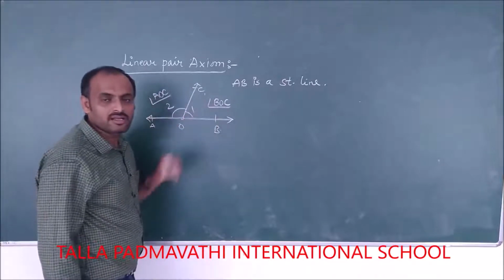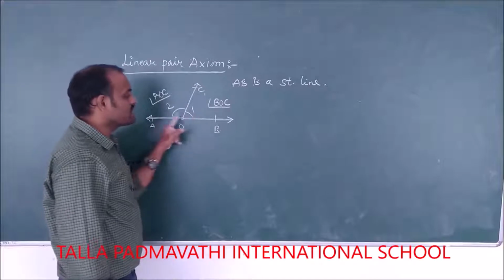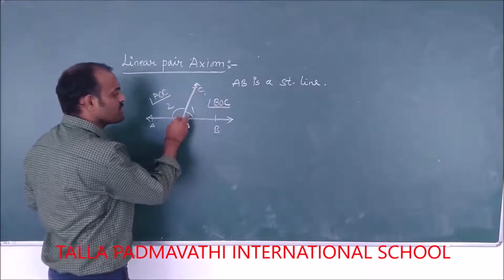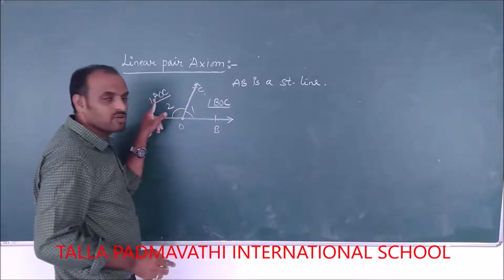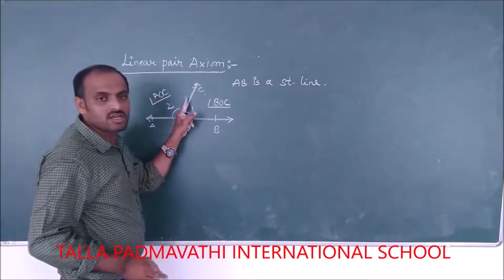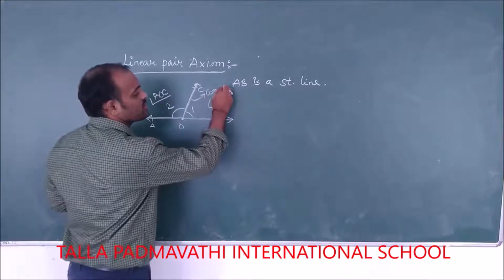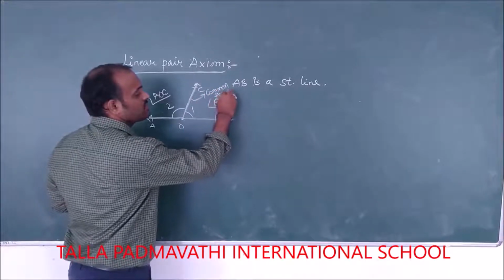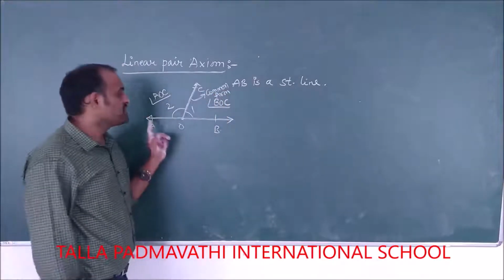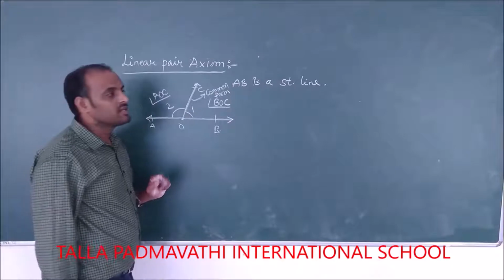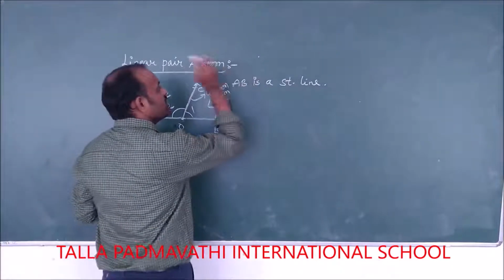Two angles are there. For these two angles, one common arm is there. This arm is common for angle AOC and angle BOC. So this is the common arm for angle AOC as well as angle BOC. Right? So what do you mean by linear pair?